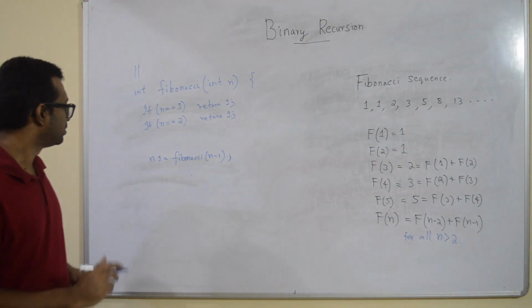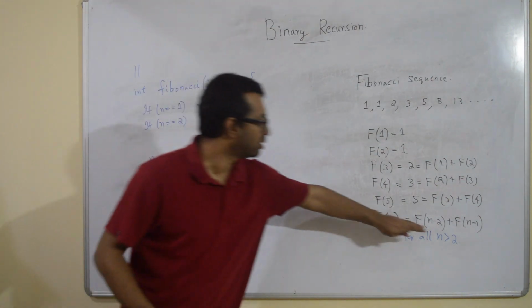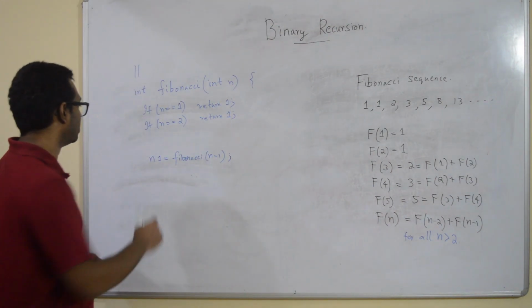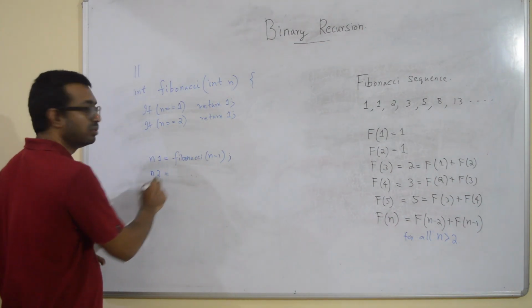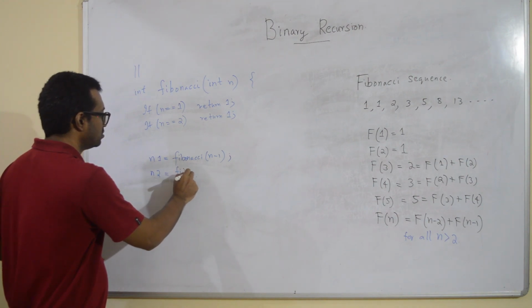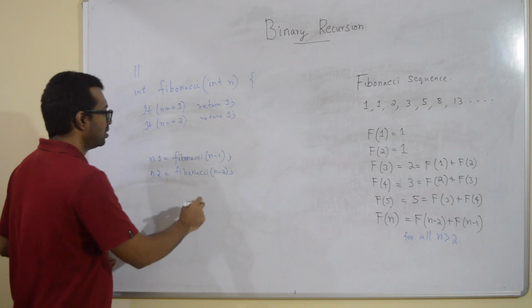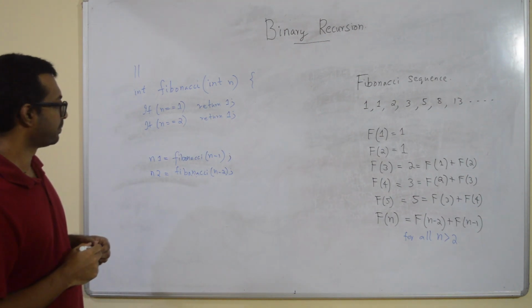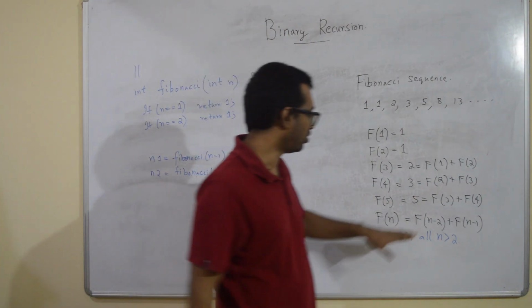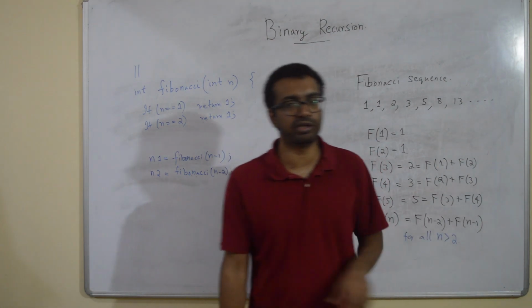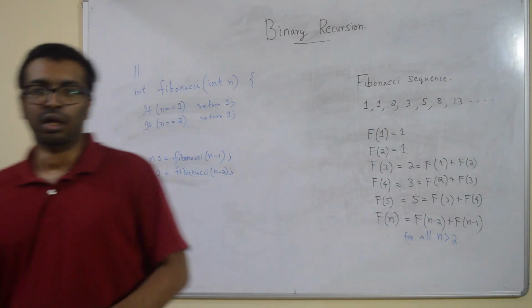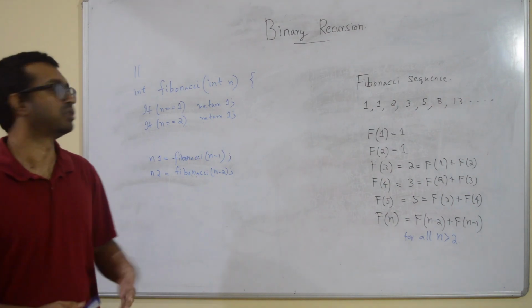Right? Next, I want the n minus 2th Fibonacci number. So n2 is equal to... okay. So now I have got the n minus 2th value and the n minus 1th value. What should I return now?